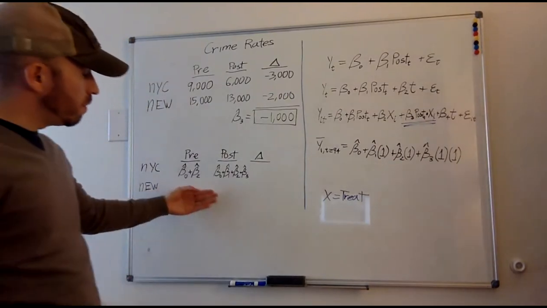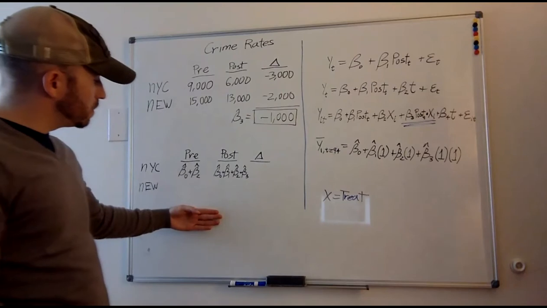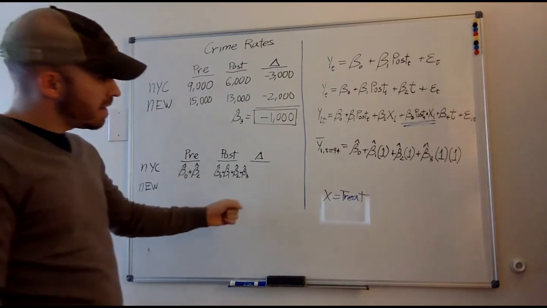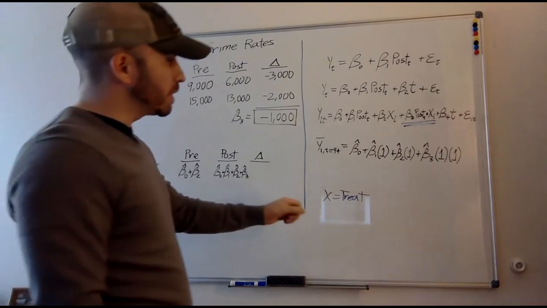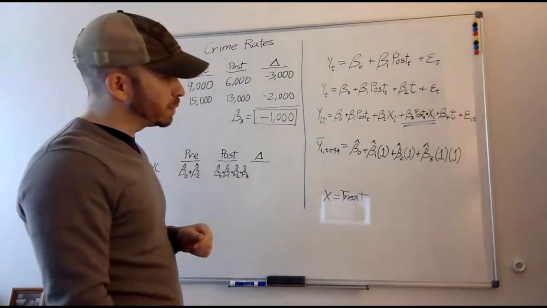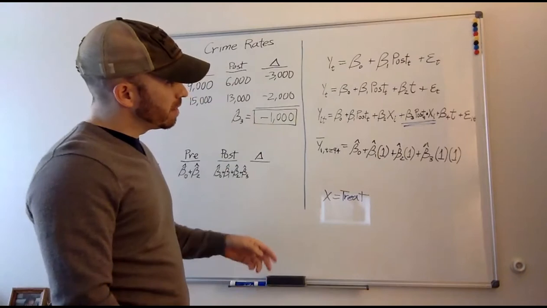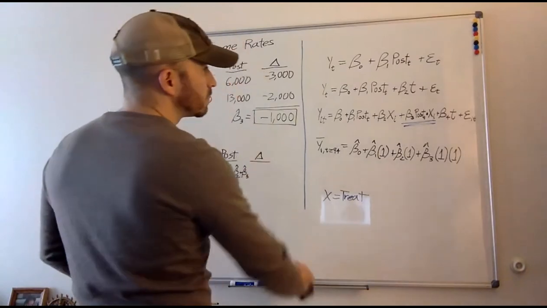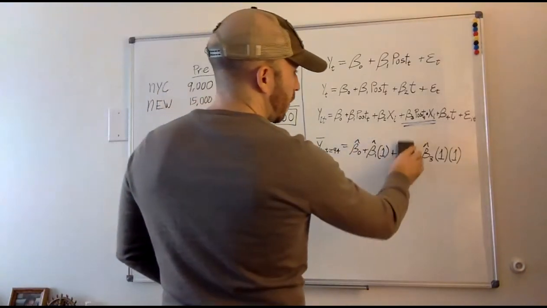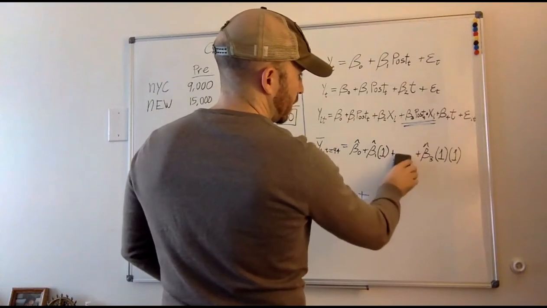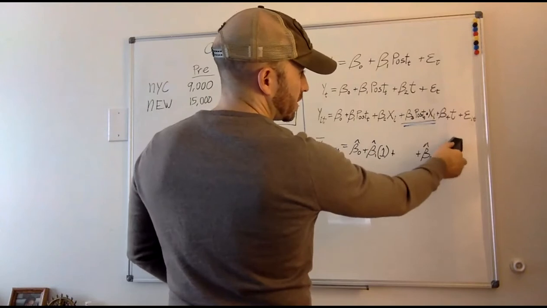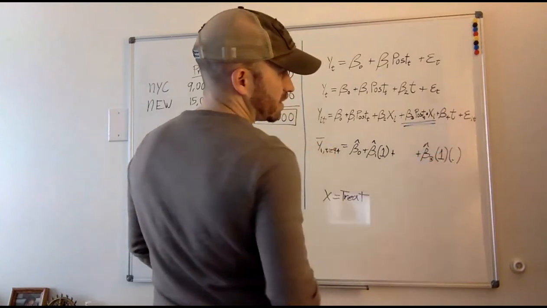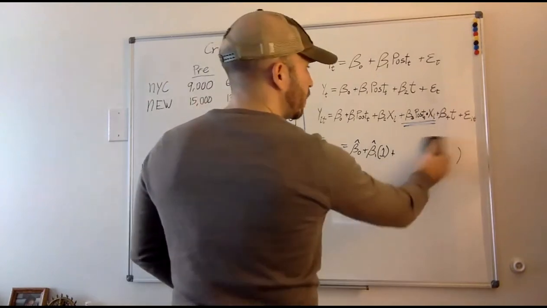Now, when we move down to Newark, in any time period, pre or post, for Newark, x is equal to 0 because Newark was not treated. Therefore, beta 2 is always multiplied by 0, and beta 3 is always multiplied by 0 because the x is 0 regardless of whether it's pre or post.